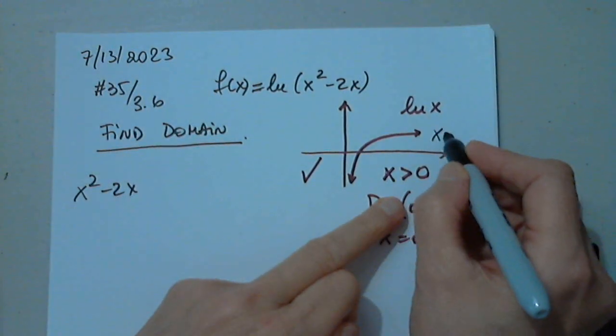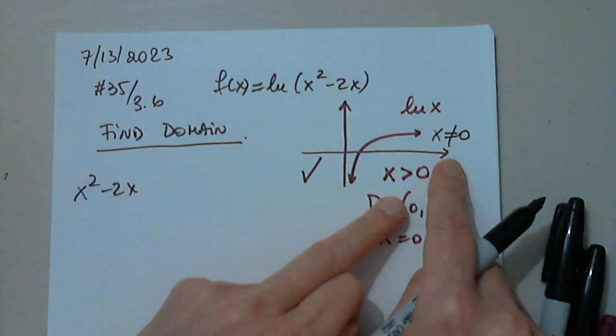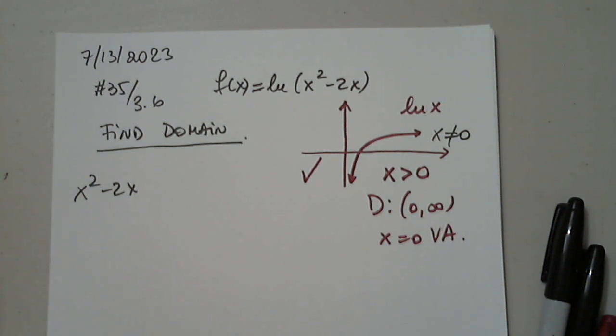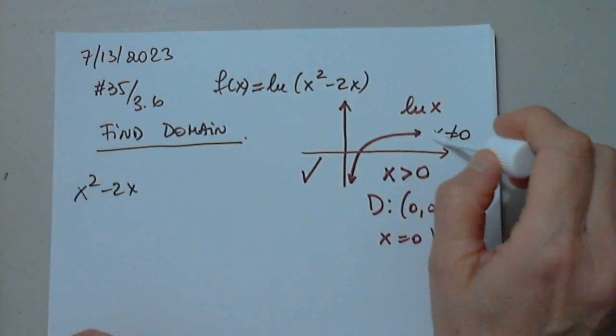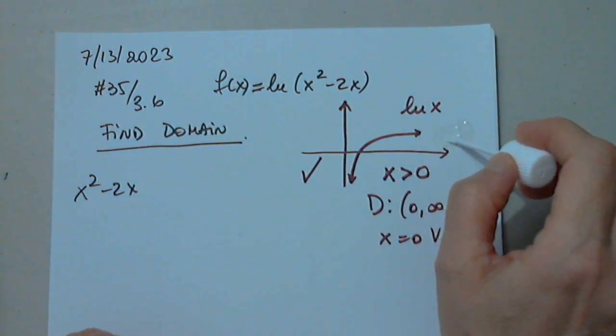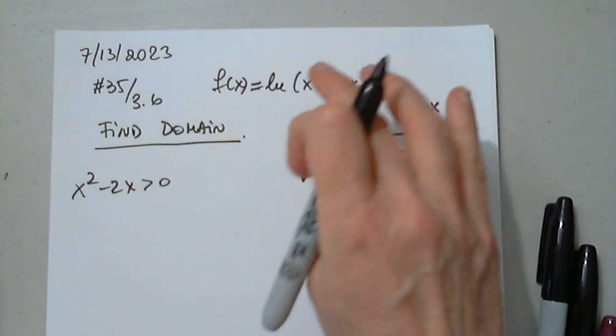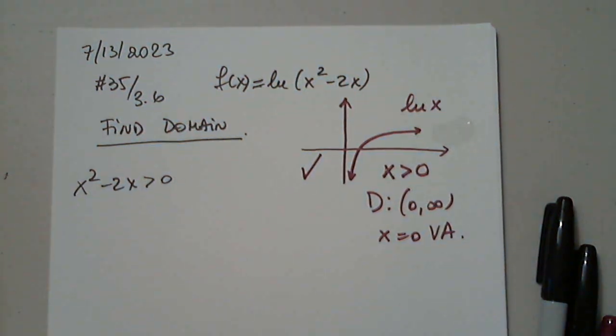Did I write here x not equal 0? No. So then that's not the case. So then what do I have to write? Greater than. Yes, brilliant. Yes, that's what I have to write. Natural log can only be applied to positive numbers and not 0.